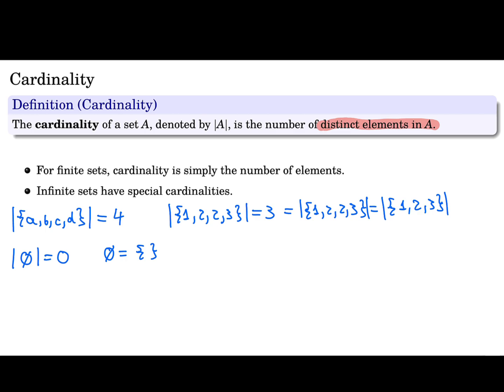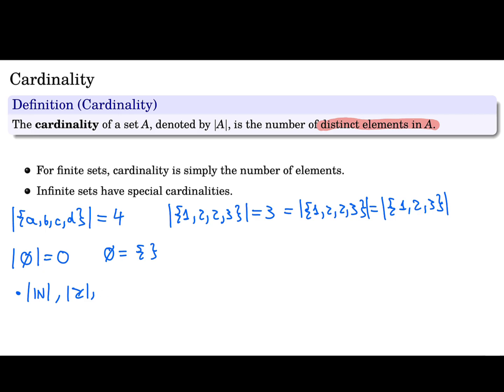With infinite sets, things are a little bit more complicated. You have different types of infinity, which we won't get much into here today. So sets like the natural numbers, the counting numbers, the integers, and let's say the rational numbers.